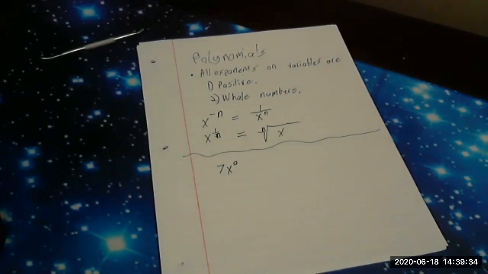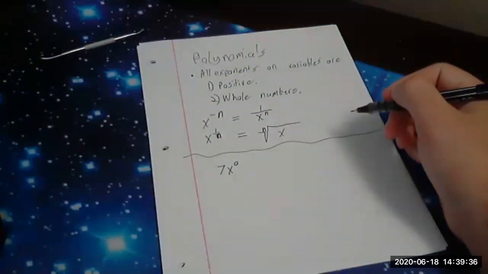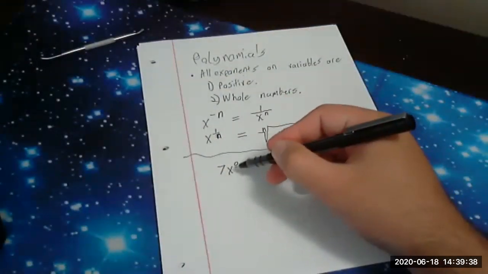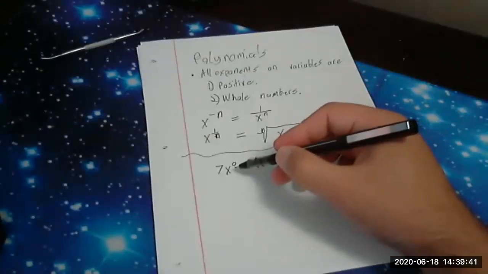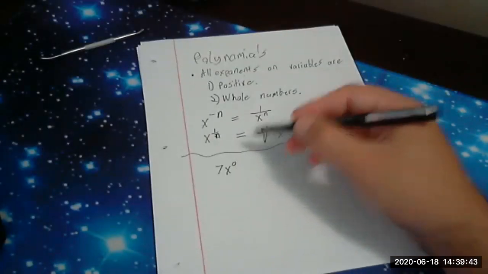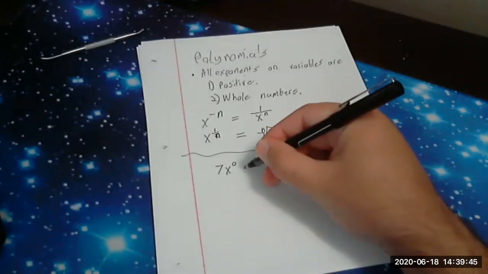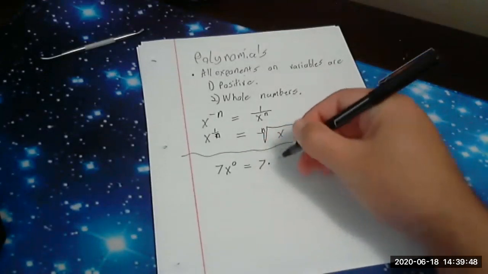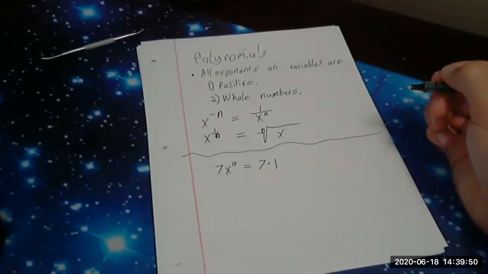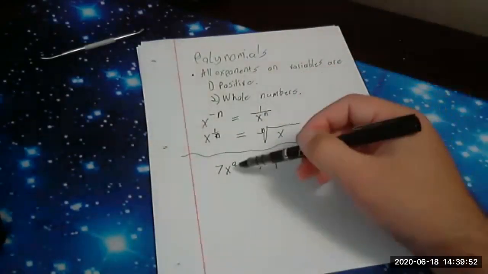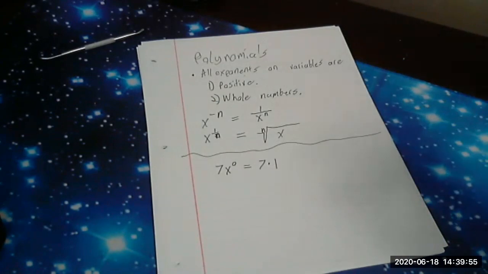So anything to the 0th power is 1. So 7, you could write as 7 times x to the 0, because that's just 7 times 1. And this is always true. So it's something that we don't often talk about, because if we don't write it, then we usually just kind of ignore it. But it is helpful to understand what's happening.